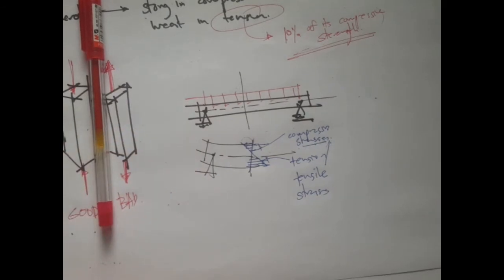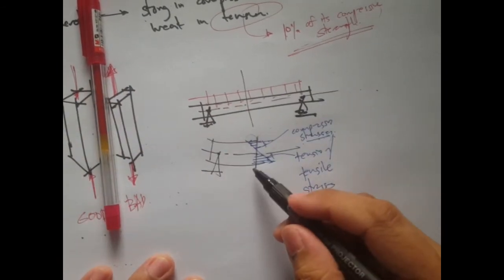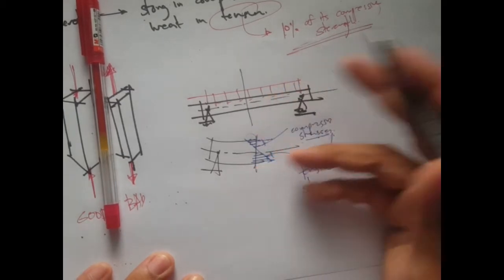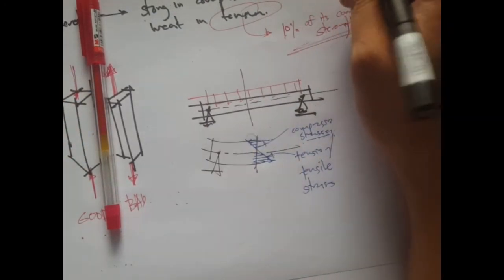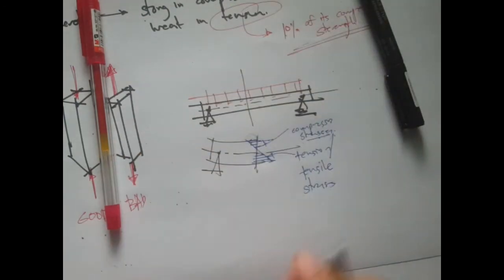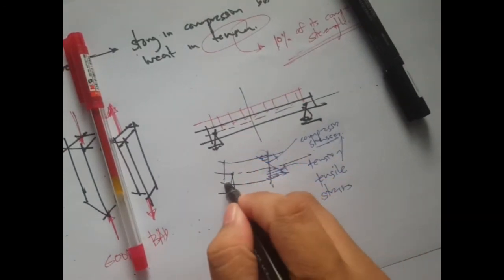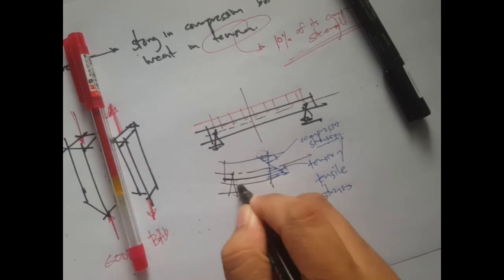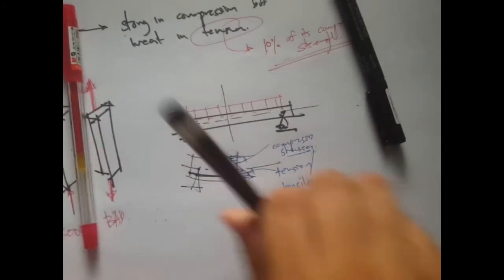In regions where a tension zone exists, that's going to be a problem because it will crack and then it will just fail. So the point here is we need something to reinforce this concrete material in the tension zone. That is why we put rebar, right? So we include rebars here at the tension zone.